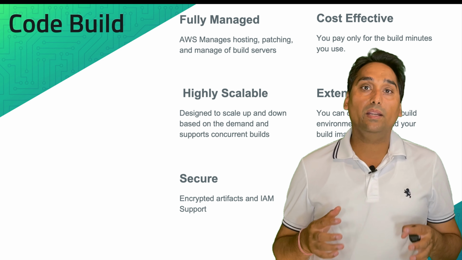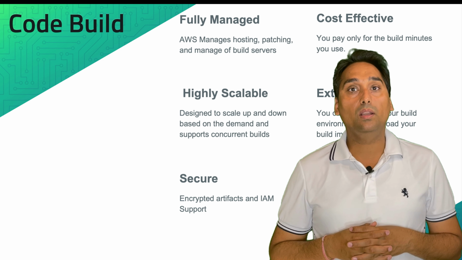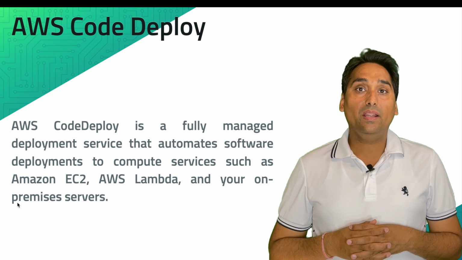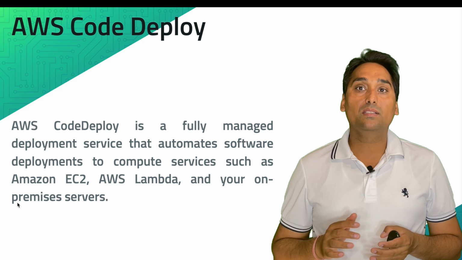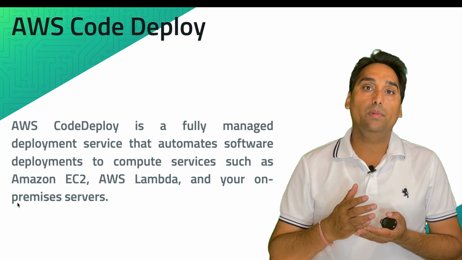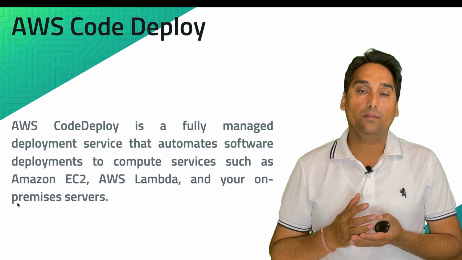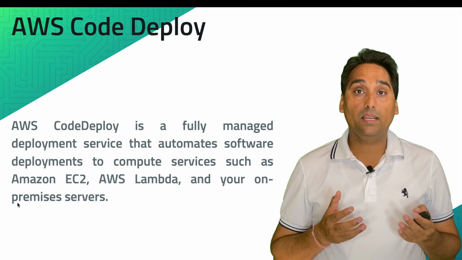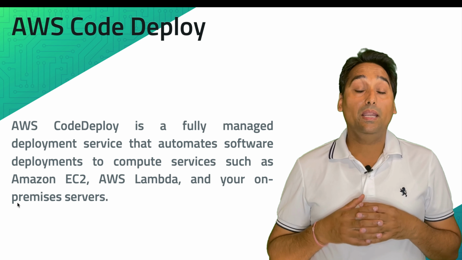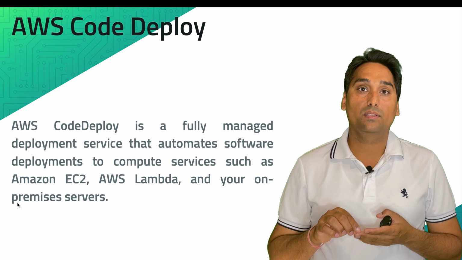Now let's look at another service from AWS called AWS Code Deploy. So AWS Code Deploy is a fully managed deployment service that automates software deployments to a variety of compute services such as Amazon EC2, AWS Fargate, AWS Lambda, and your on-premises servers.